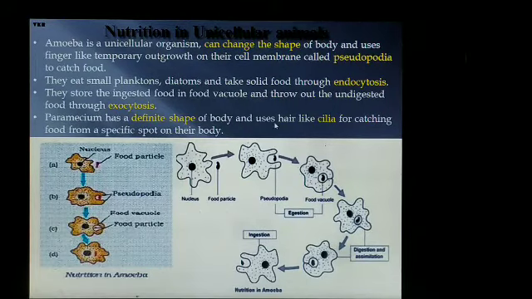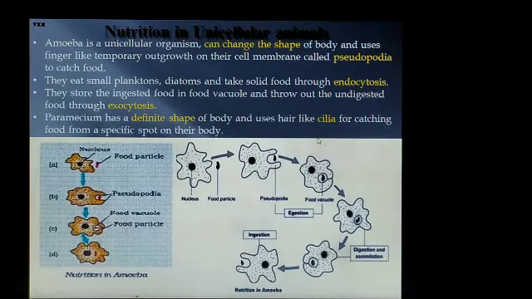So they use no pseudopodia, but they use cilia, hair-like projections on their body. Cilia are used for catching food. Like pseudopodia caught food in amoeba, cilia catch food here. The entire mechanism then takes place as before, and they throw the waste product out of the body. You can check the figure of paramecium in some informational sources.